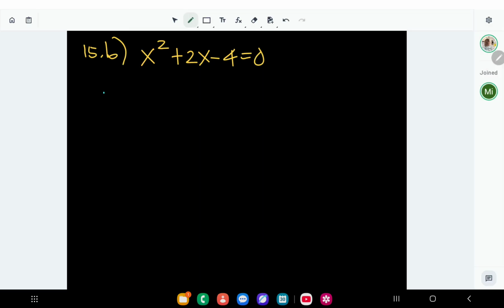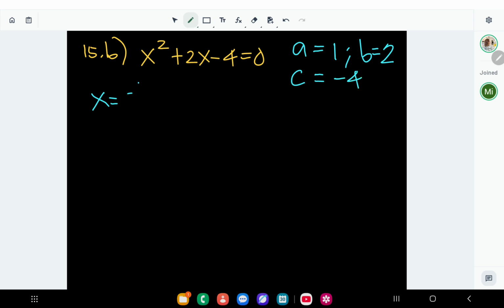Okay, so x is equal to negative b. Make sure you know how to identify a, b, and c. What is a here? Okay, 1. And then b is 2, and then c is negative 4.